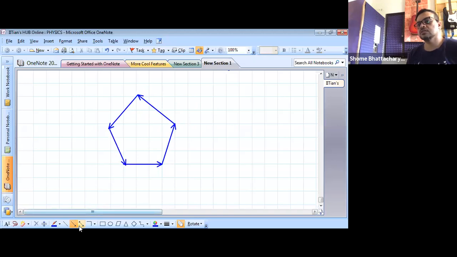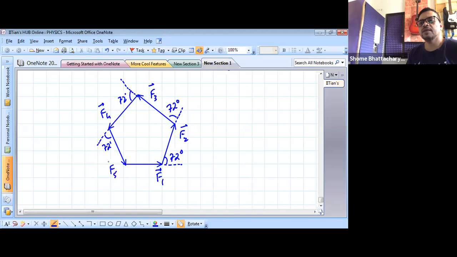So you see that this is how the 5 forces are looking. F1 is at 72 degrees with respect to F2, which is at 72 degrees with respect to F3, again at 72 degrees with respect to F4. It's again 72 degrees, and they are all of equal magnitude and they are coplanar.